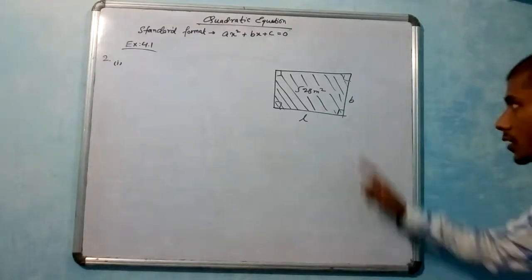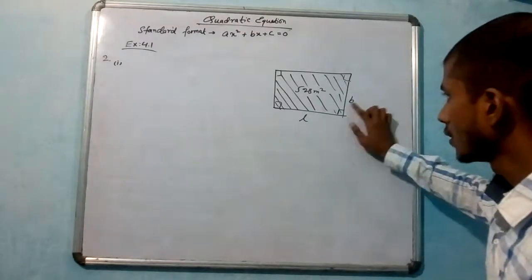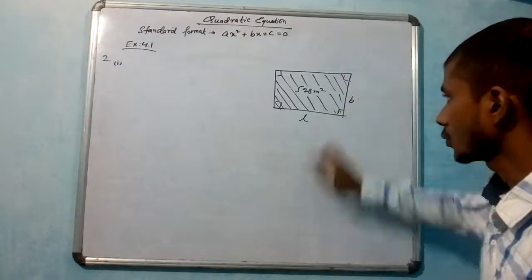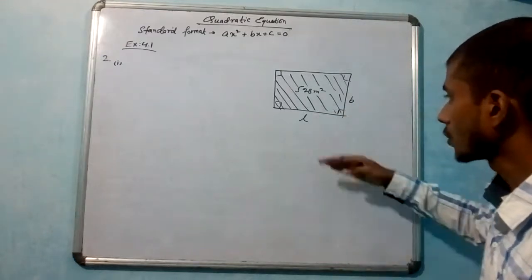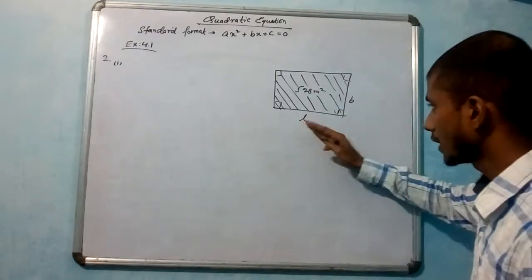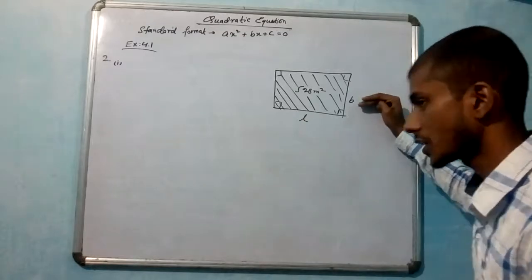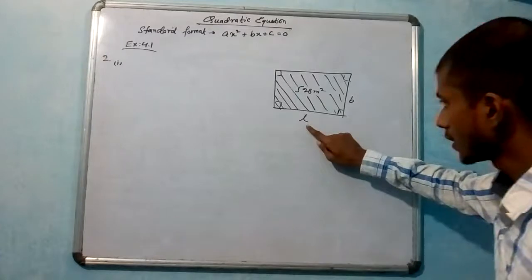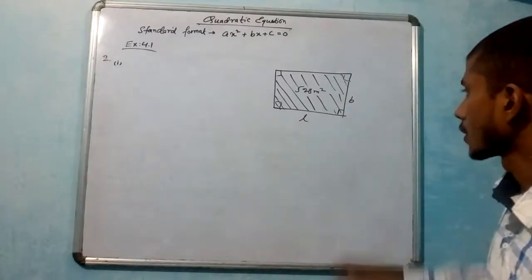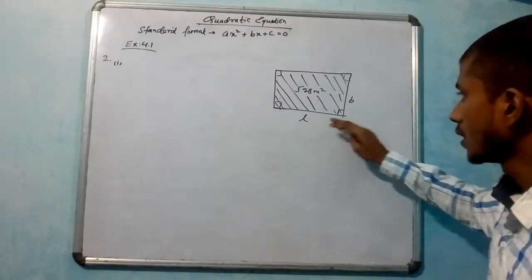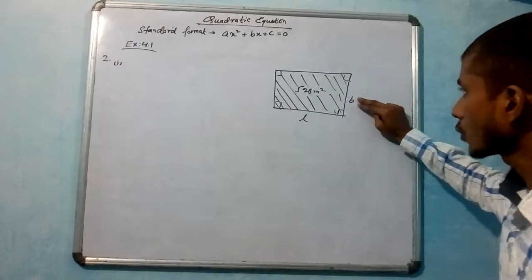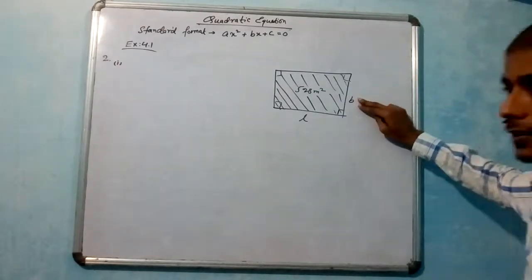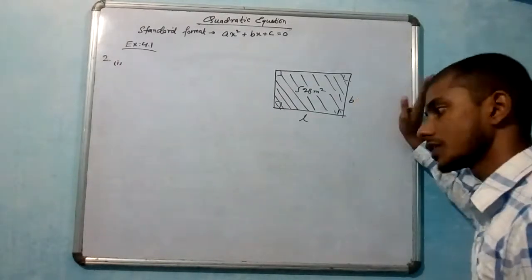From where do we have to start: from length and move to breadth, or from breadth and move to length? Given that the length is one more than twice its breadth.